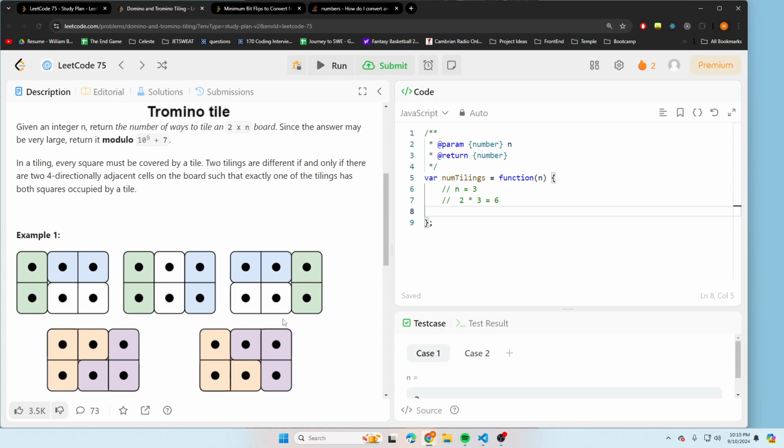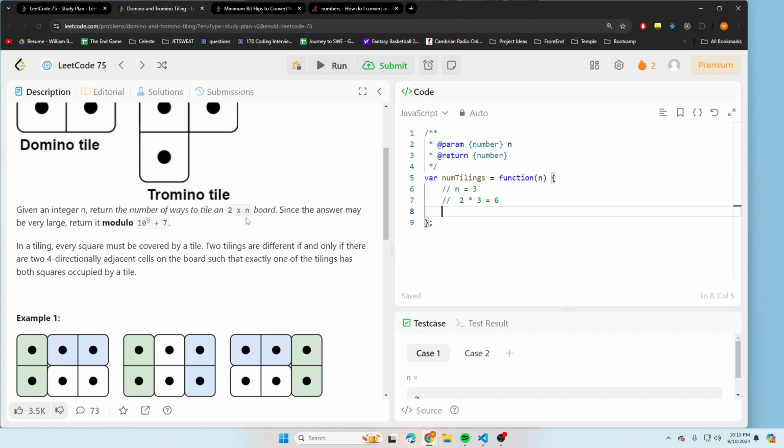What do we know about domino and tromino? Could this be an odd number? Three times 2 is 6, 4, 5, 6, 7, 8, 9, 10, 11. So no, it's only gonna be even numbers.